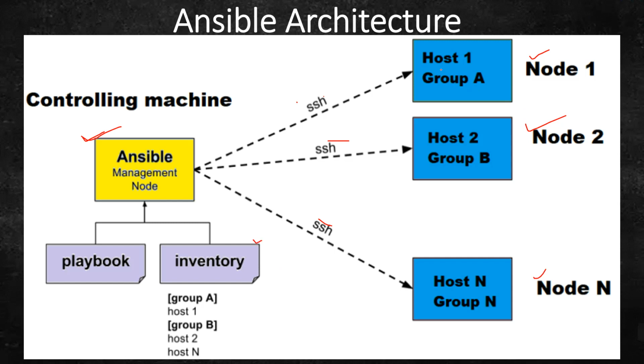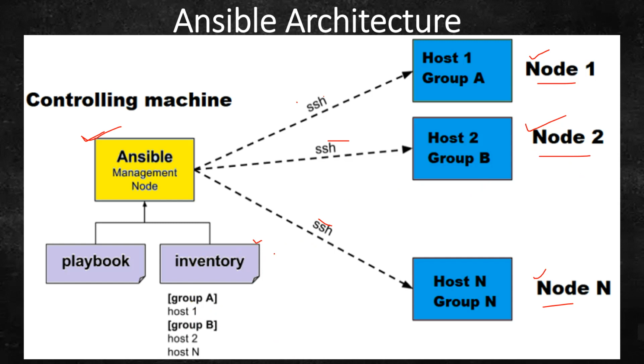This is host one, node one, with one IP address, and this is node two, also with one IP address, and n number of nodes, each with another IP address, and we can store them in a group format. The inventory file is only a file, nothing else. In this file we just give the information of our node machines.